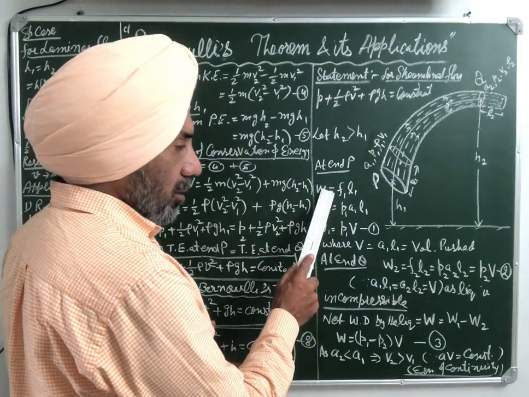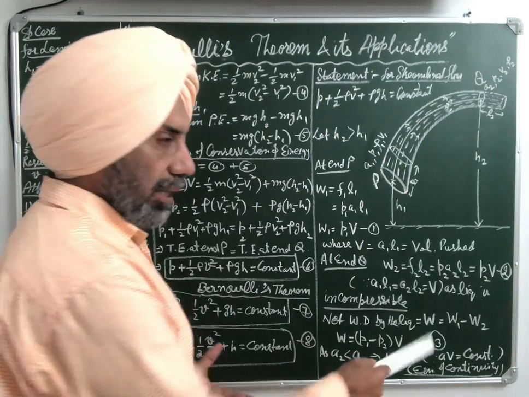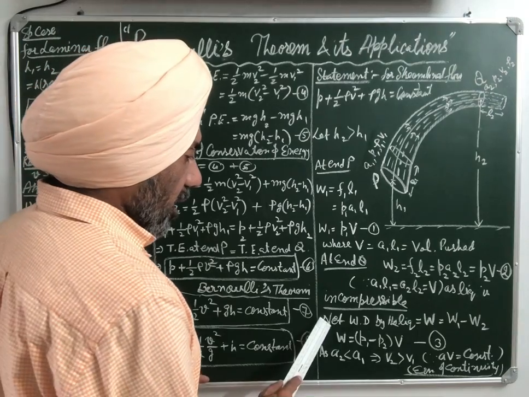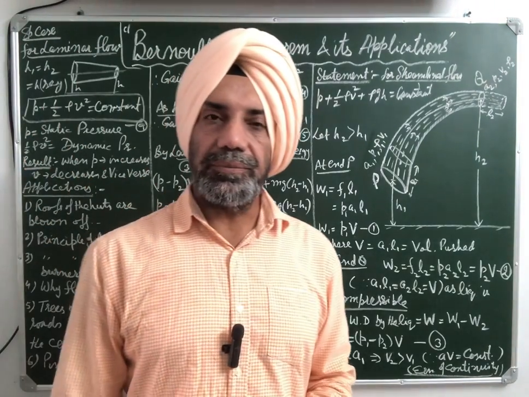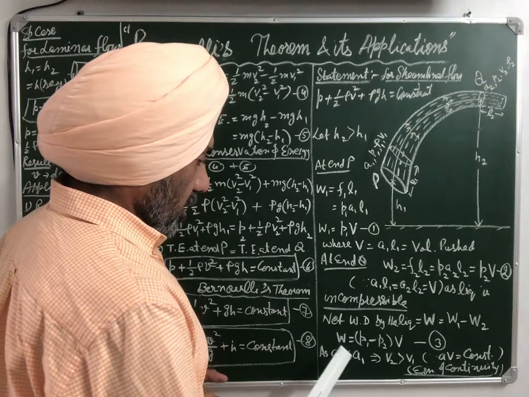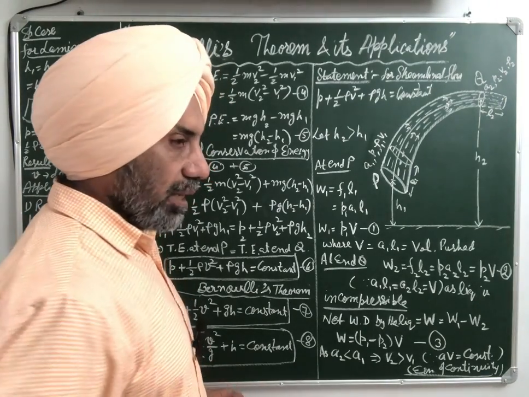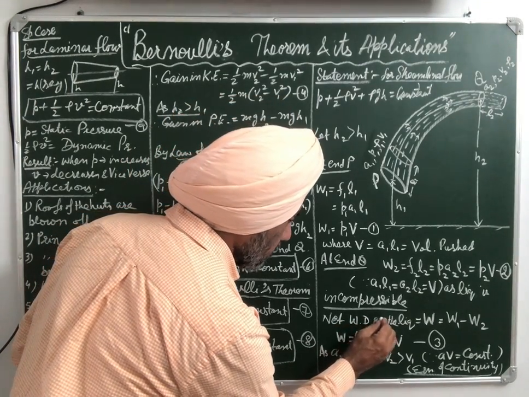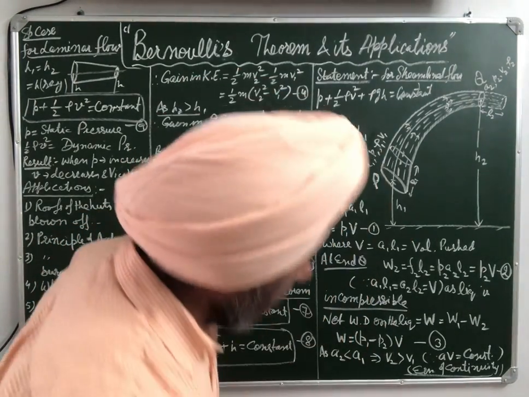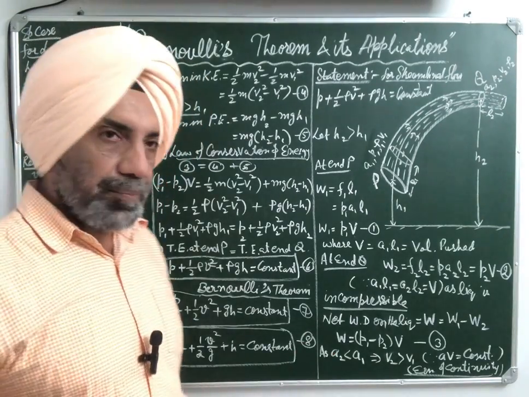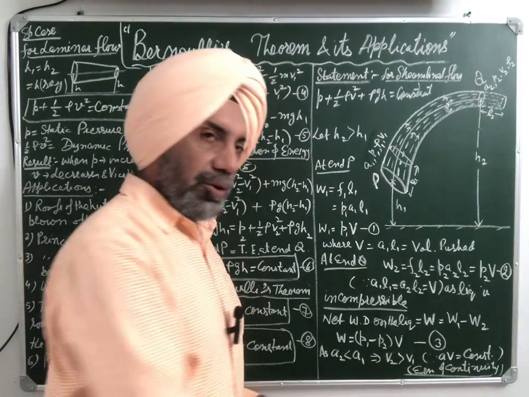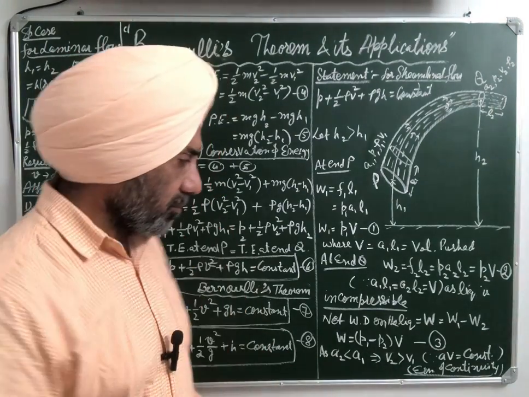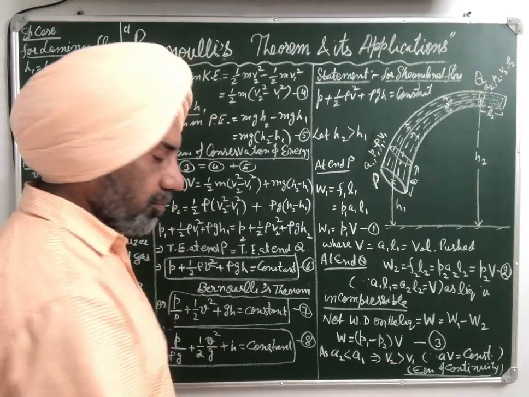So this is work done upon the liquid at end P, this is work done by the liquid at end Q. Then net work done on the liquid, W, is given by work done upon the liquid minus work done by the liquid, W1 minus W2, or P1 minus P2 into V. Say this is equation number 3.